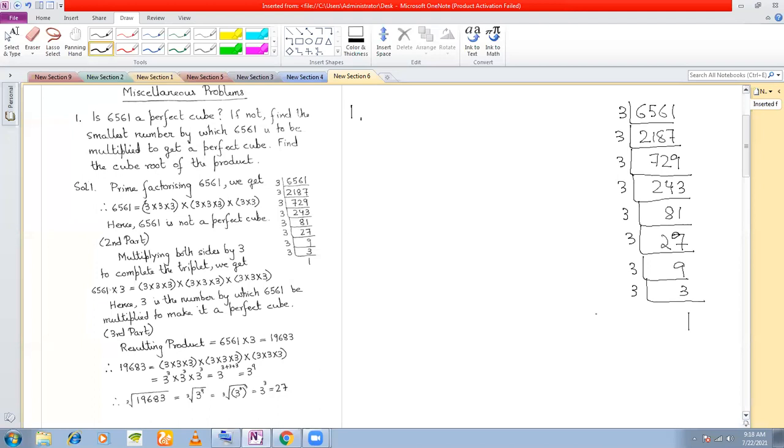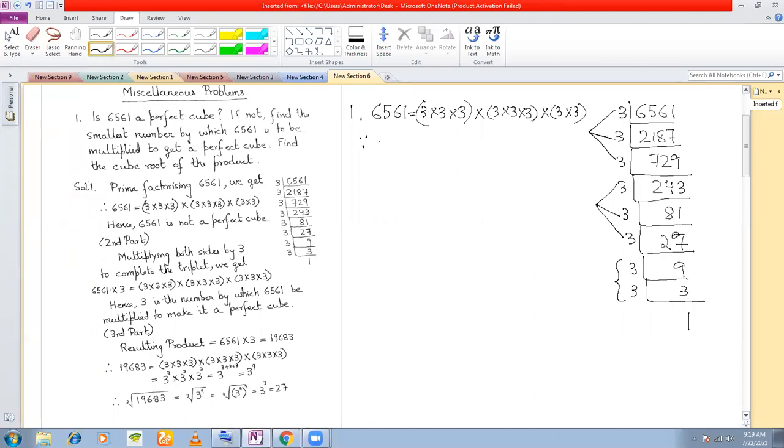Okay, so our prime factorization is done. Now we organize this in triplets. This is one triplet, another triplet, and this does not form a triplet here, right? So therefore, 6561 can be written as: this is the first triplet, this is the next triplet, and this is a doublet, not a triplet. So can you say is it a perfect cube or not?